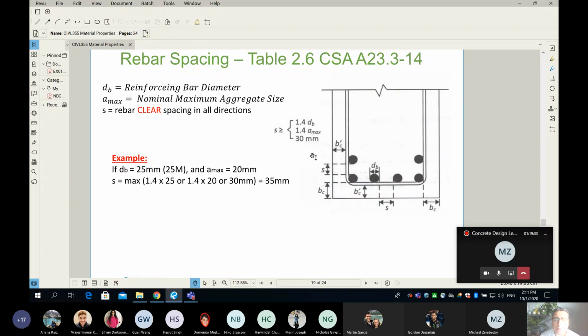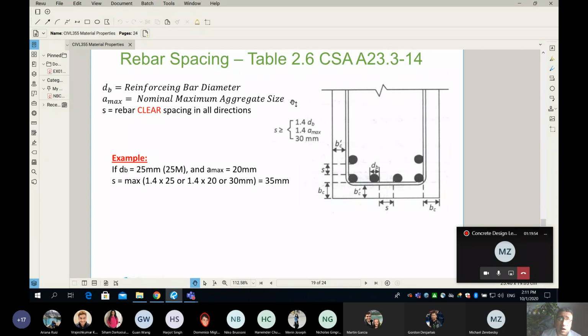Let me introduce the definitions. D sub B is the reinforcing bar diameter, okay? And something you also learned about last year is something called nominal maximum aggregate size.